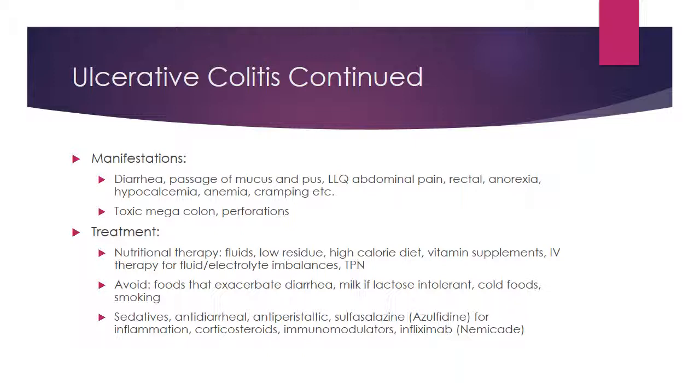Some treatment can include fluids, low residue, high calorie diet, vitamin supplements, IV therapy for fluid and electrolyte imbalances, some TPN, avoiding foods that exacerbate diarrhea. So if the person is lactose intolerant, they shouldn't be drinking milk. Cold foods and smoking. Some medications that can be used are some sedatives, anti-diarrheal medications, anti-peristaltic, anything for inflammation like corticosteroids and other things.